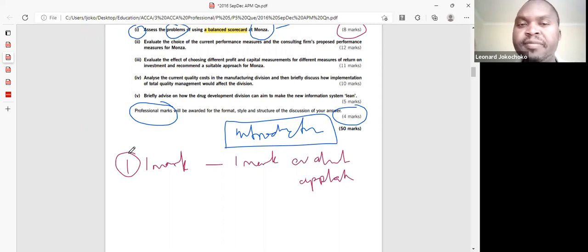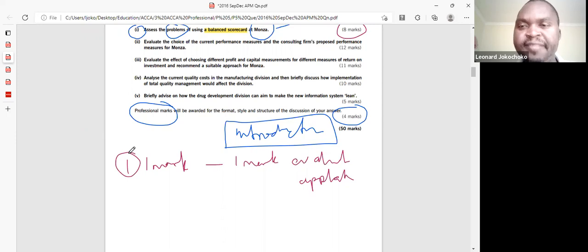I skip that part. I go to the technical element. This is my second paragraph. The first problem arising from the balanced scorecard is the use of many metrics. The balanced scorecard does not show overall performance of a company.